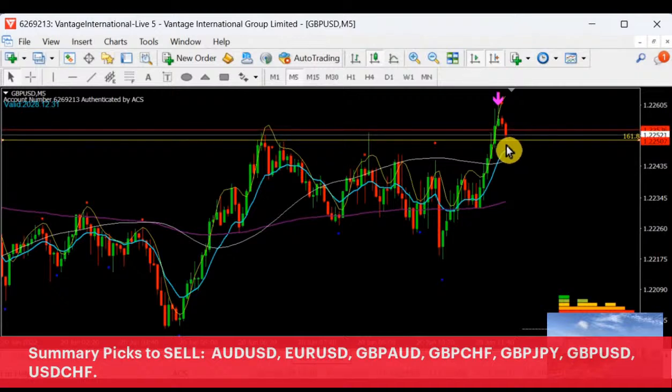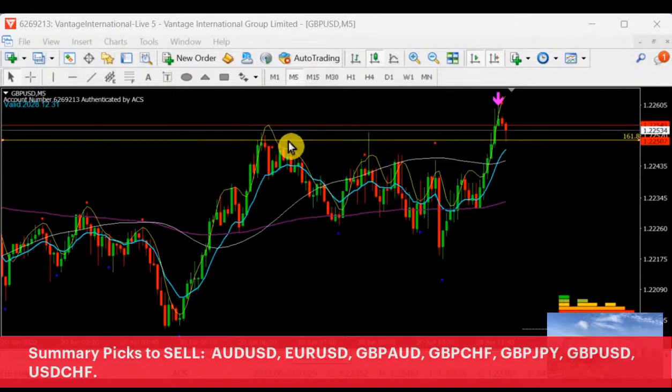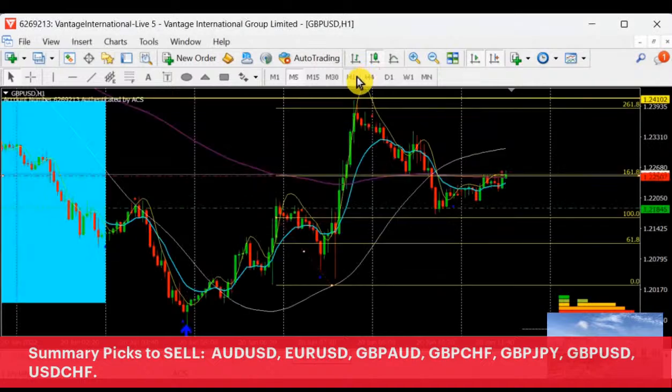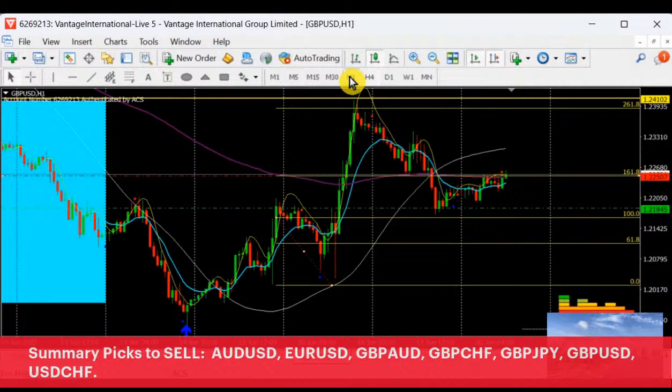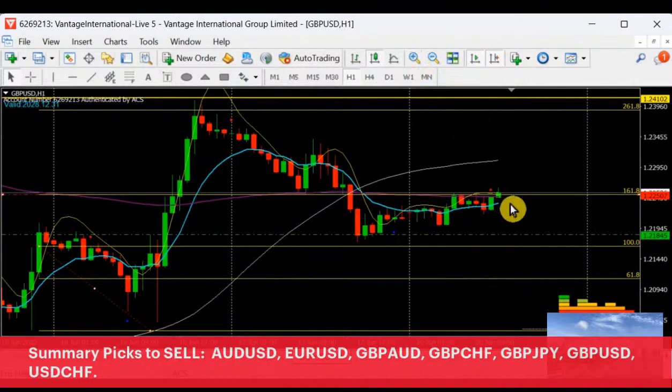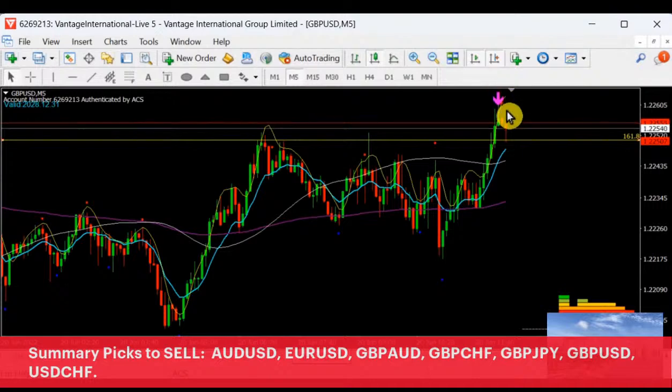So this point is quite crucial that we just need to take a look over here. Although this is the previous resistance, usually when the price breaks this level and comes back, from the H1 perspective we are still testing on the resistance, while M5 is testing to break. In M5, if we retest the resistance, it will become a support.